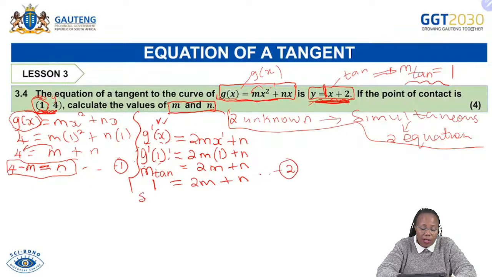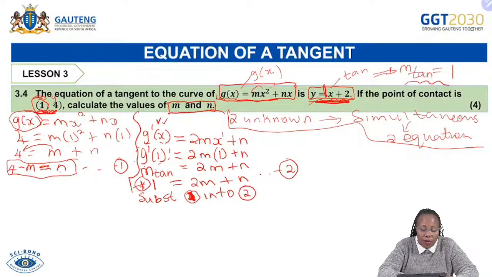Then we are going to substitute equation 1 into 2. So our equation 2 is this one, grade 12. Where we have n, we'll put 4 minus m. So it will be 1 equals 2m plus, the n is 4 minus m.